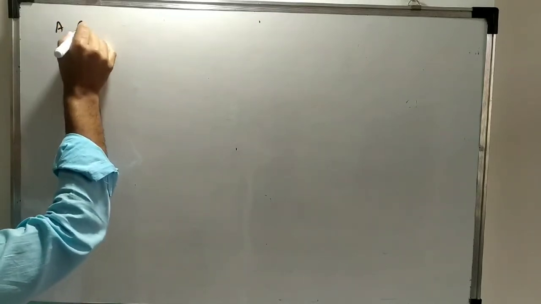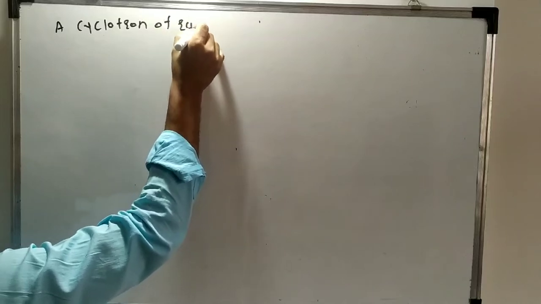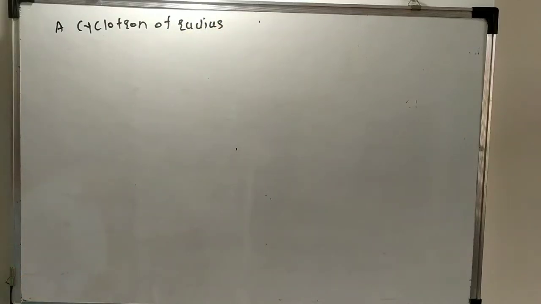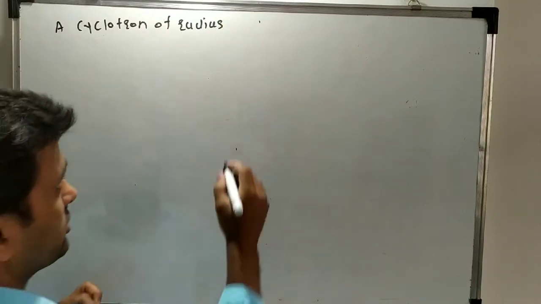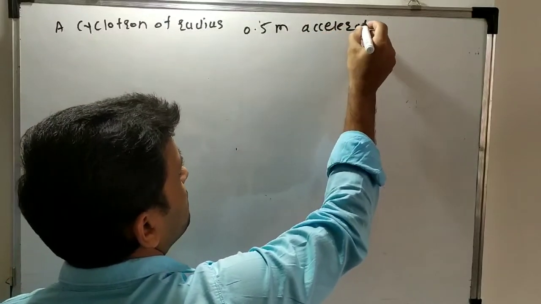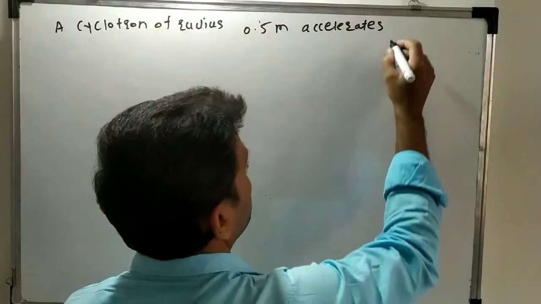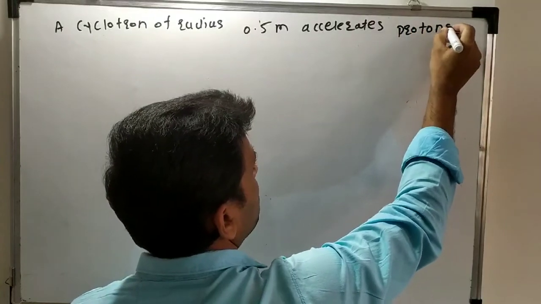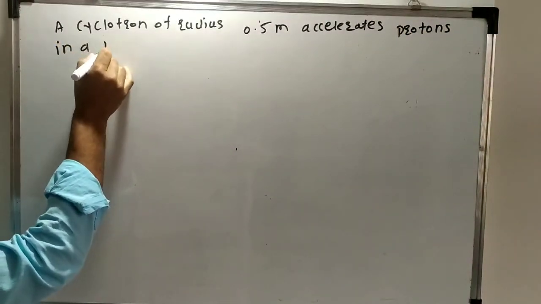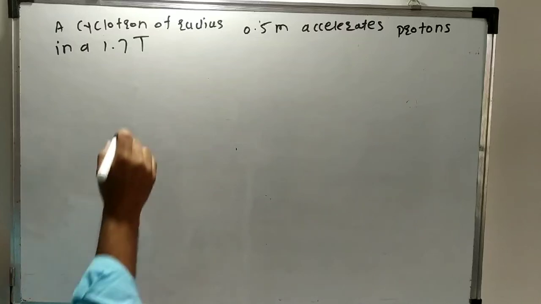Now consider the next numerical, a small cyclotron. A cyclotron of radius 0.5 meter accelerates protons in a 1.7 Tesla magnetic field.